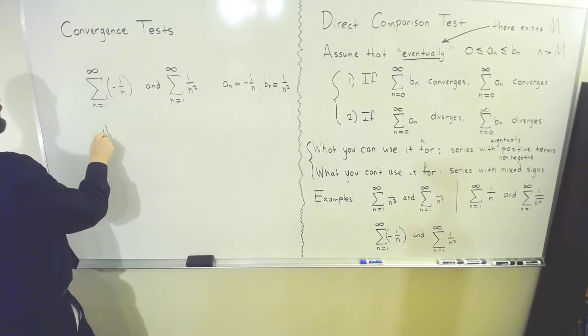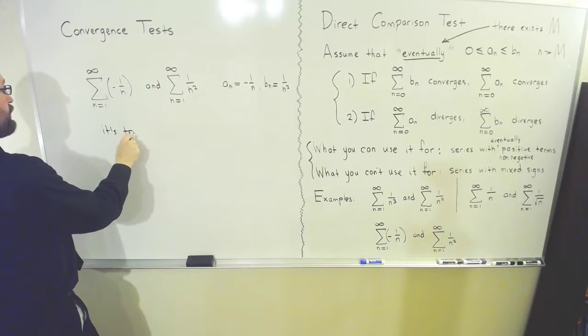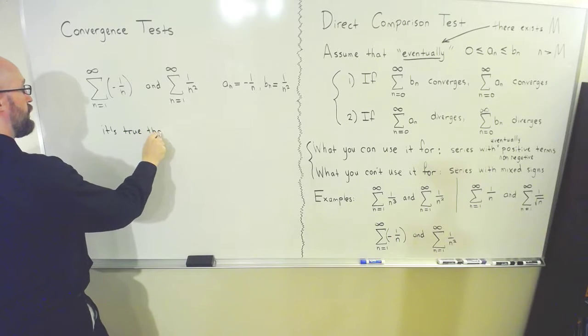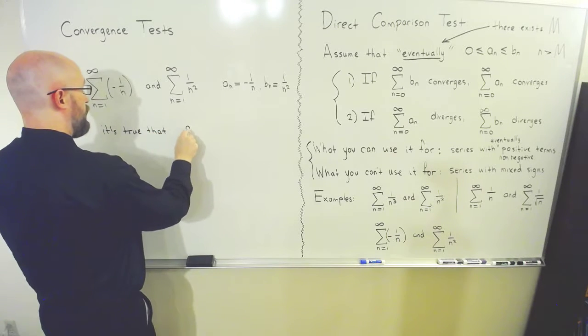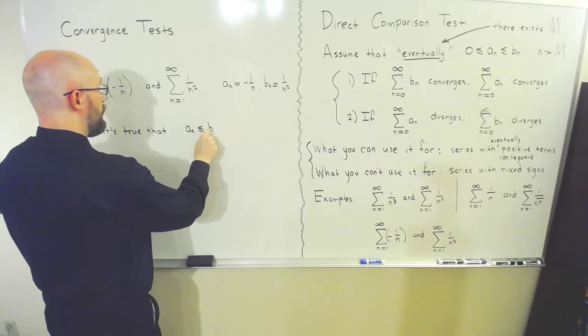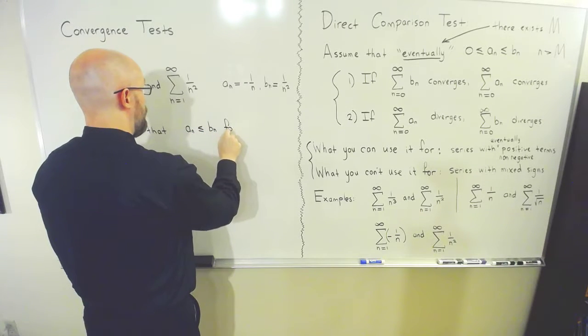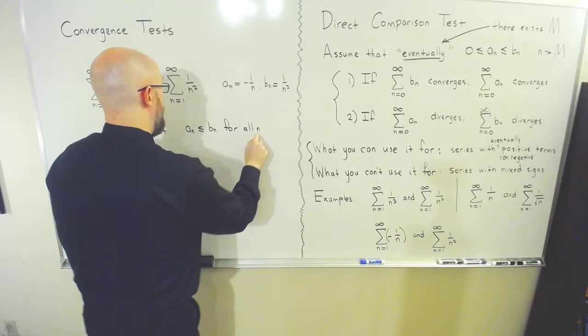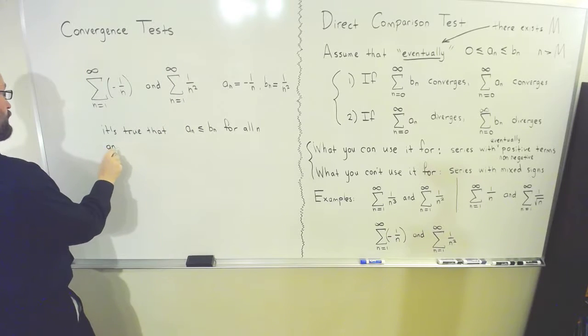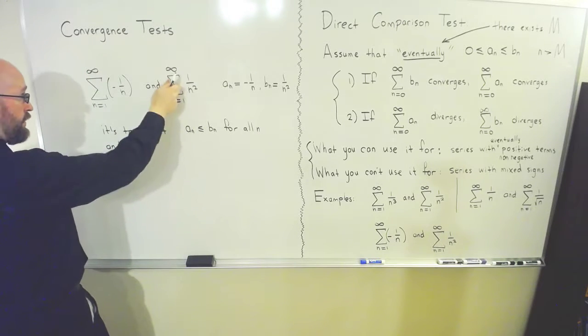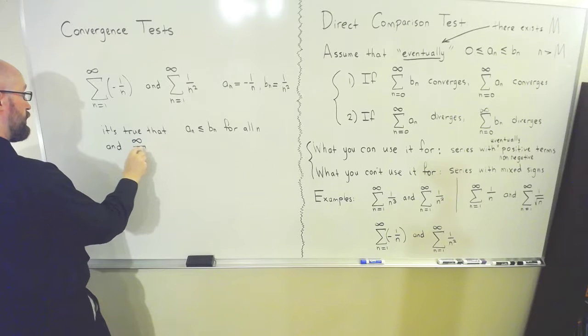Now in this case it's true that an is less than or equal to bn for all n, and that the second series converges.